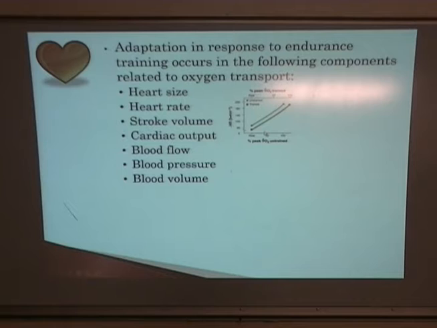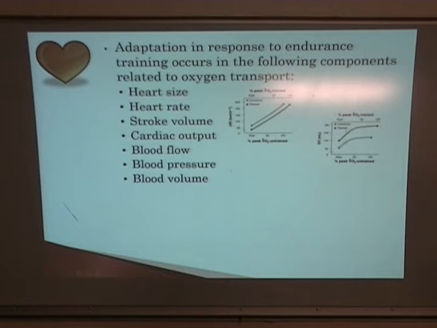If you like graphs and the graphs are helpful, use the graphs. If you don't like graphs, don't use them. I think they're quite helpful. Again, the orange is the trained. This is for stroke volume, and here's the stroke volume for an untrained person.